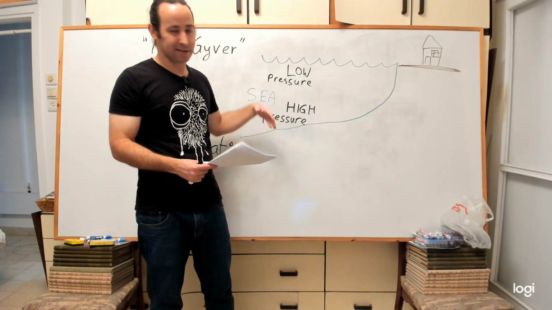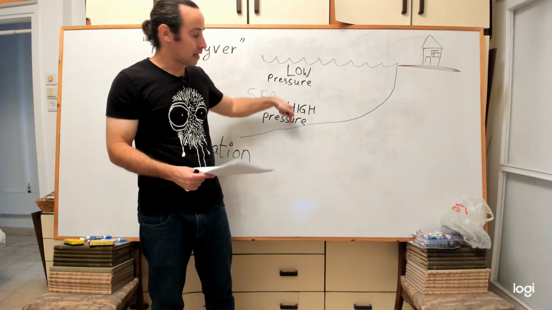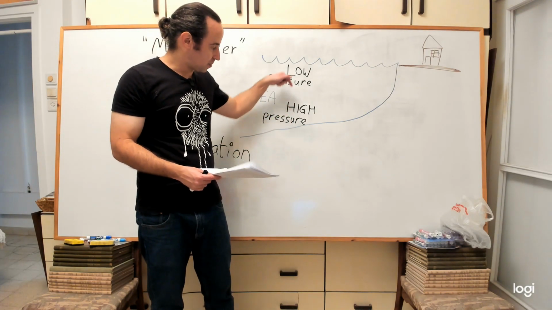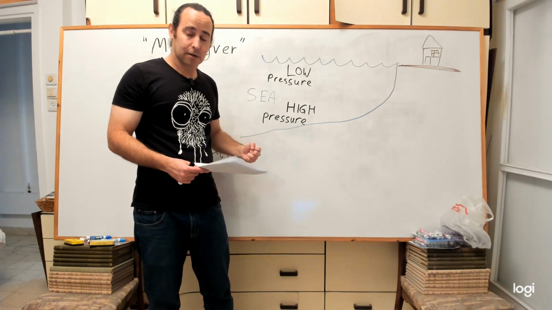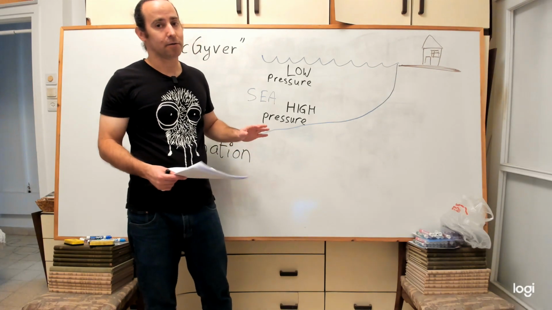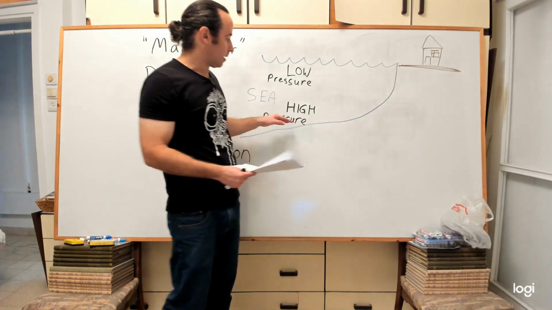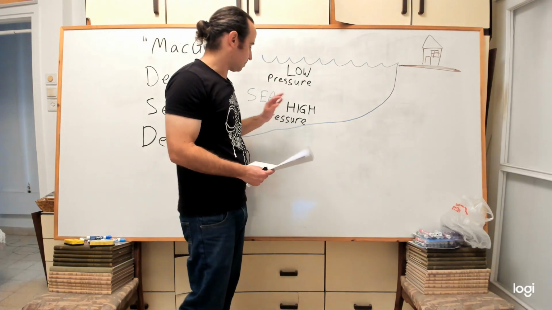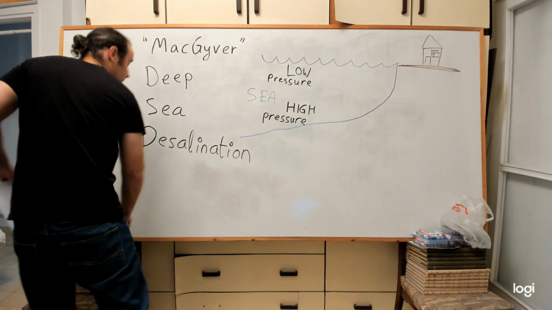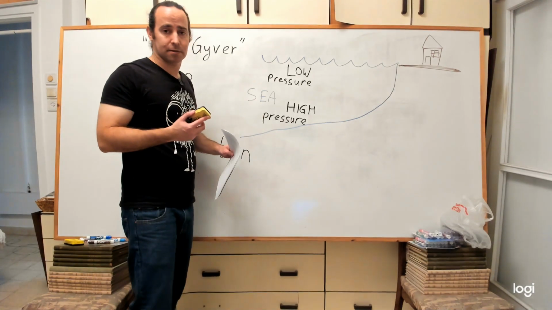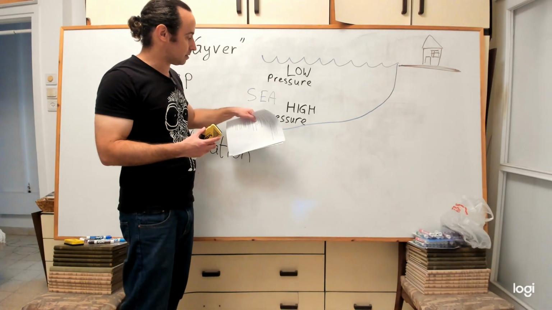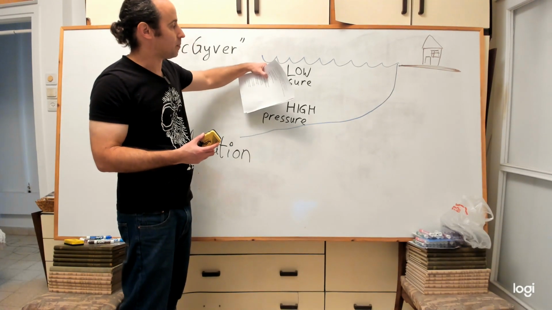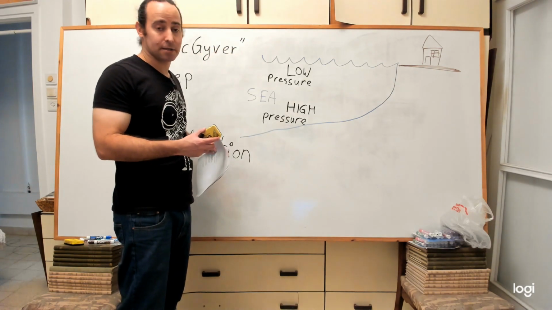Okay, saying higher is confusing because the more down you go, the deeper you go, the stronger the pressure. So I will try not to say higher. Please understand that this is deep down and this is up, close to the surface.